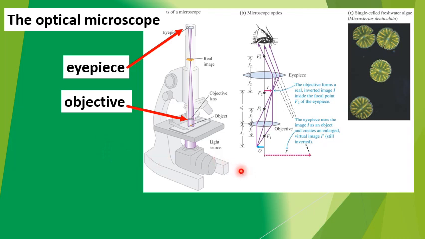So, in the drawing, we have here the eyepiece and the objective lens. The object or specimen is placed on a slide mounted just below the objective. We also label here the focal points of the objective and the eyepiece, f sub 1 and f sub 2 respectively.